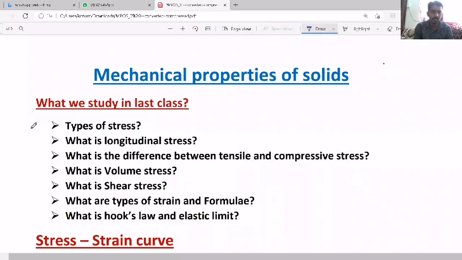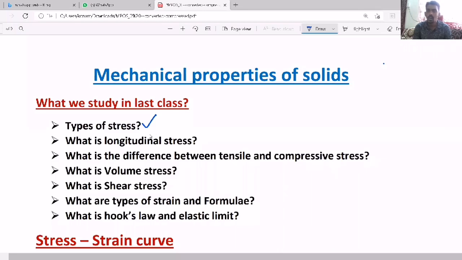The very first thing when you consider types of stress: we have seen longitudinal stress, where the force acts perpendicular to the surface, and that is again two types, tensile stress and compressive stress. Tensile stress causes increase in length and compressive stress causes decrease in length.